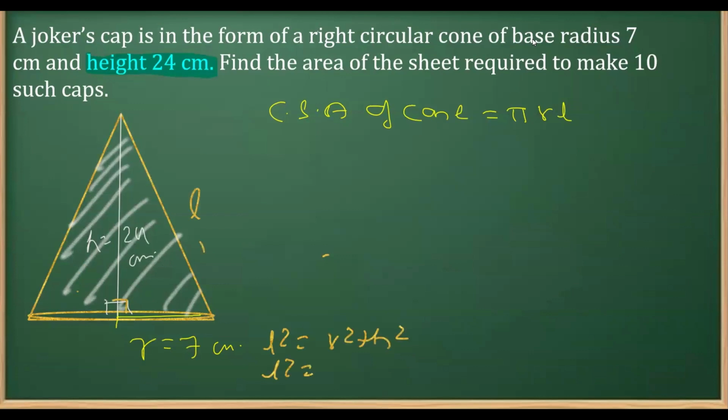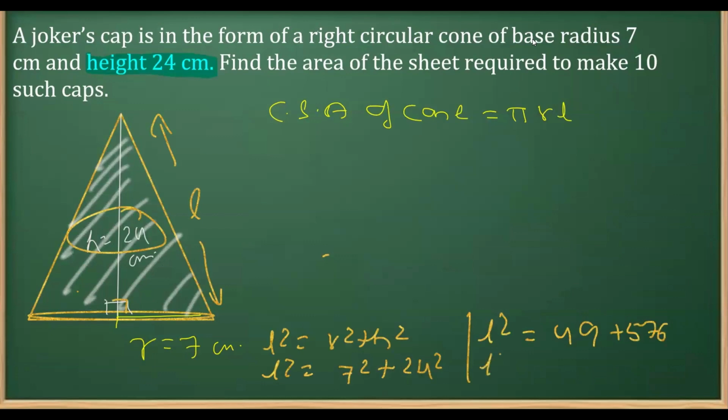This is the slant height, that is L, and the radius of the base is 7, so it's 7 square, and the vertical height is 24. L square is 49 plus 24 square, which is 576. So L square comes out to be 625, whose square root is 25. So L comes out to be 25 centimeter.